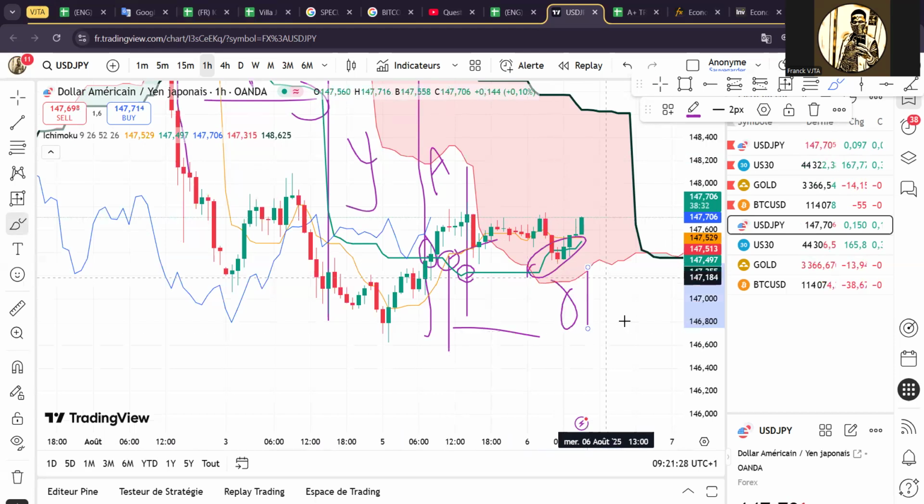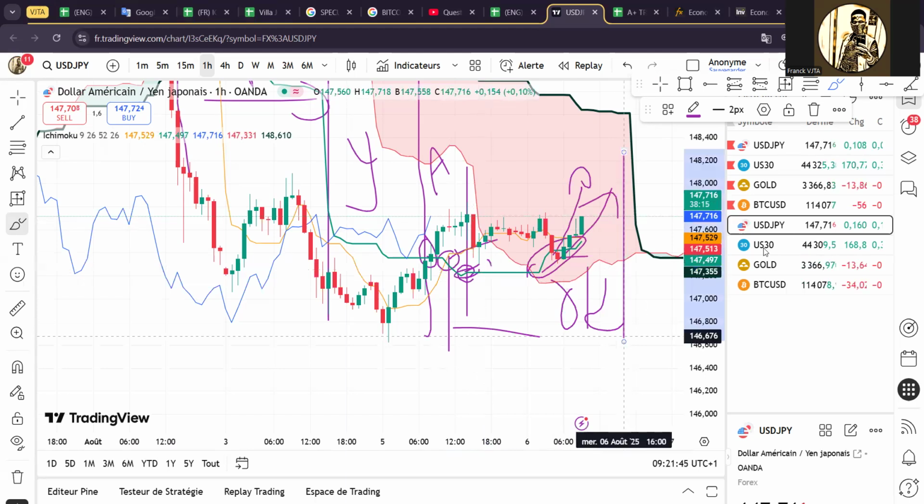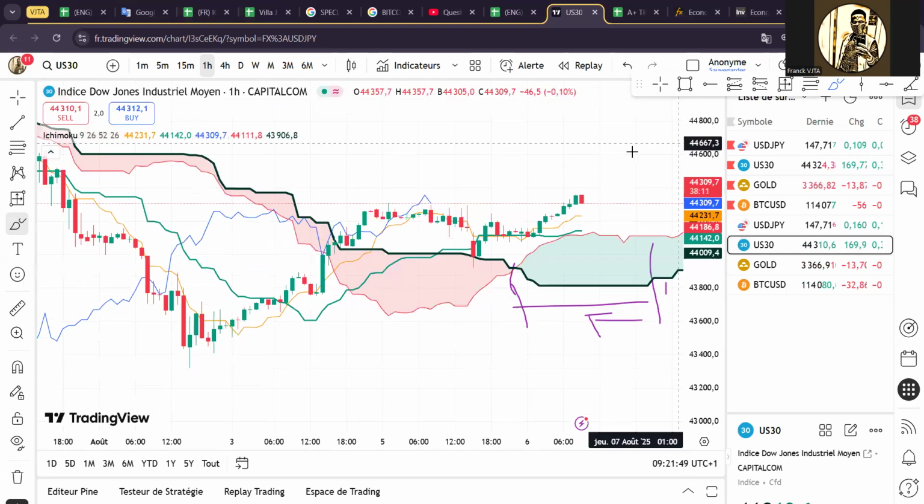That's an old Kijun that will give you a reversal. Surely you can start buying a reversal here, of course. And we have also an inclination to the upside of Kijun. So that's an old Kijun, an old KSB.